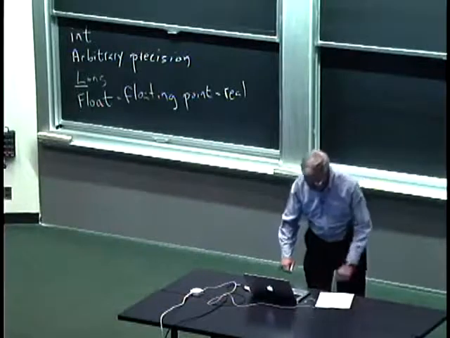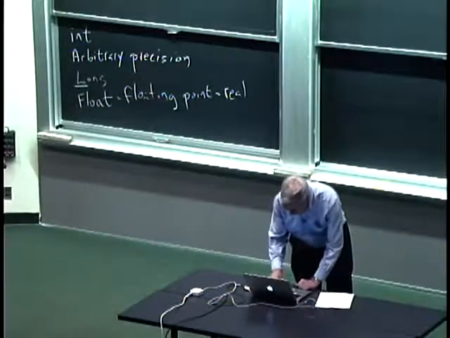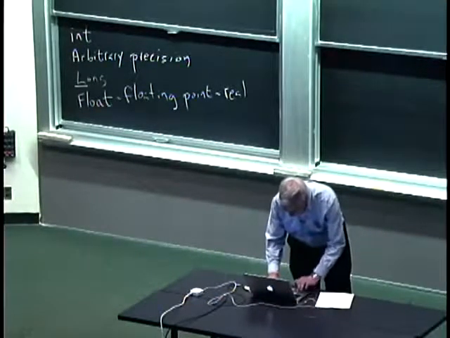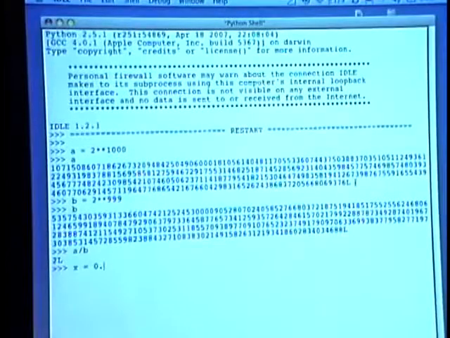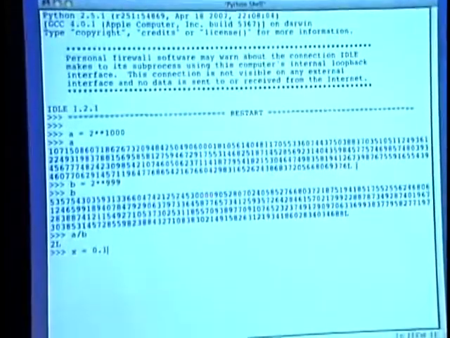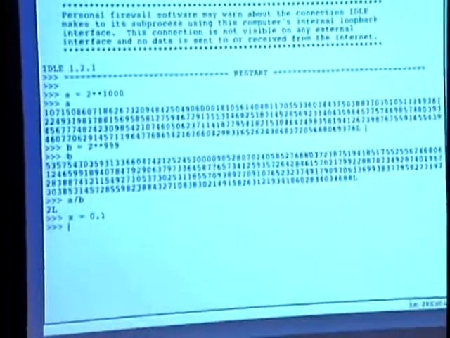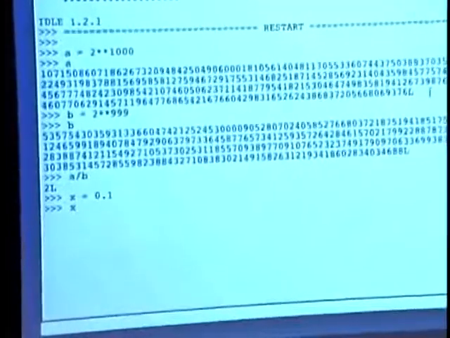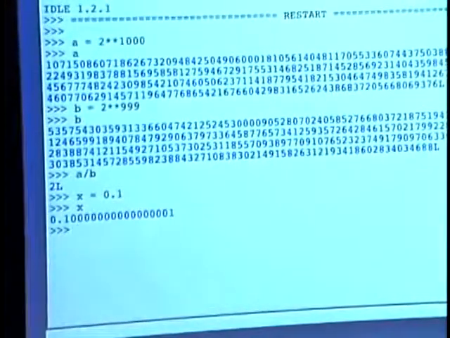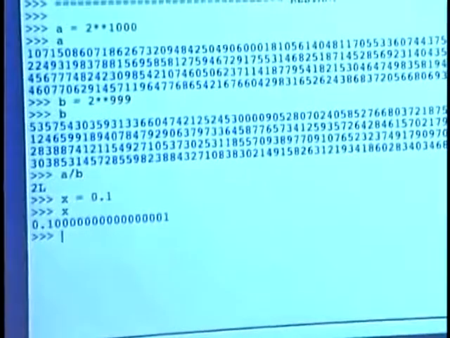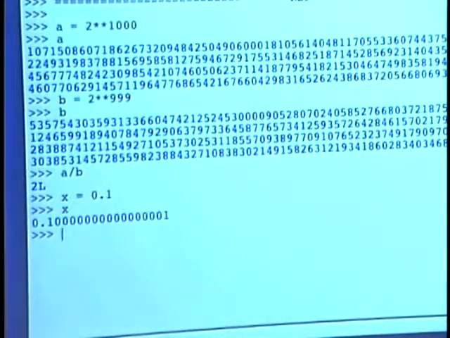So let's look at an example. I'm going to set the variable x to be 0.1, 1/10. And now we're going to display x. Take a look at this. Why isn't it 0.1? Why is it 0.1, a whole bunch of zeros, and then this mysterious 1 appearing at the end?